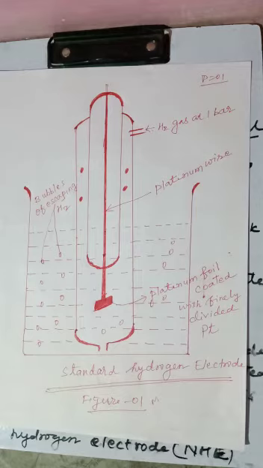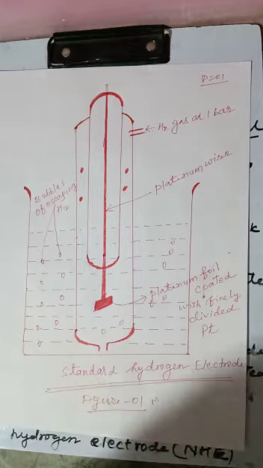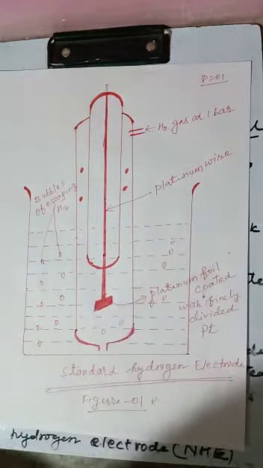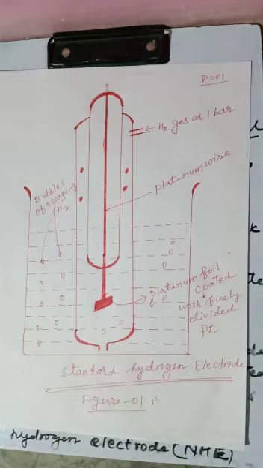Okay, now we see a standard electrode potential. The definition will be: the electrode potential of a metal electrode as determined with respect to a standard or normal hydrogen electrode is called a standard electrode potential.